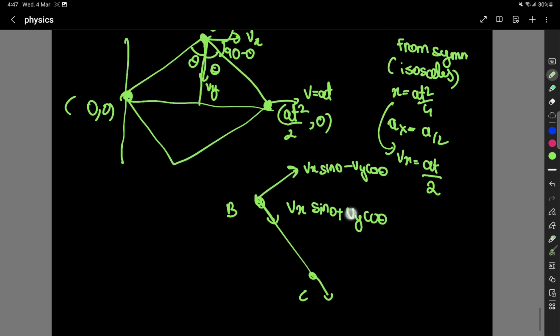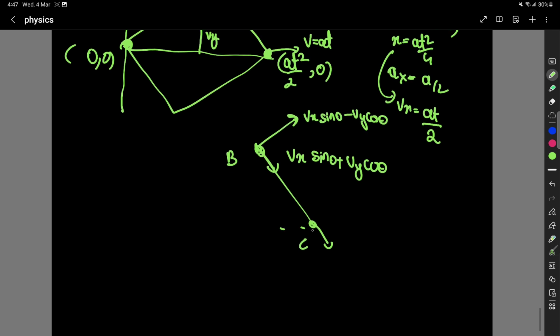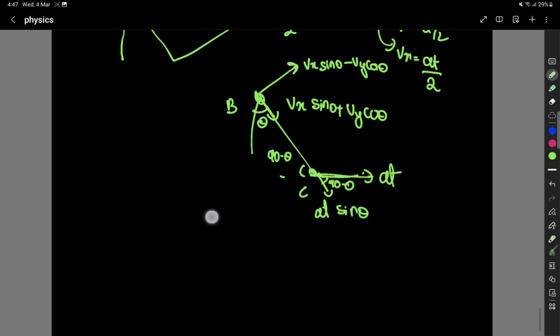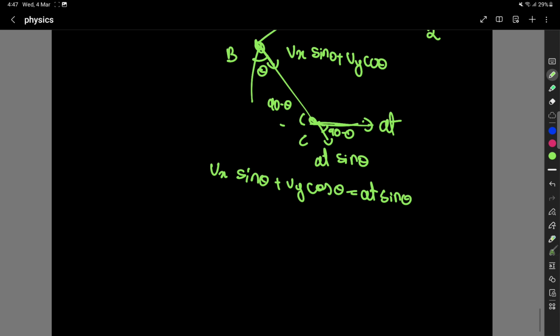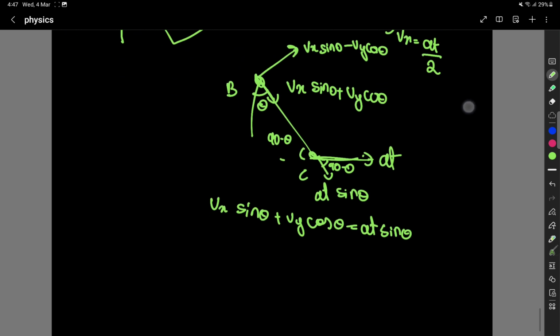And this one was moving with 90 minus theta, V sin theta, sorry, this is V, this will be V sin theta, sorry, this is at sin theta. So I can come to the conclusion, Vx sin theta plus Vy cos theta equal to at sin theta, and we proved our work from the similarity.